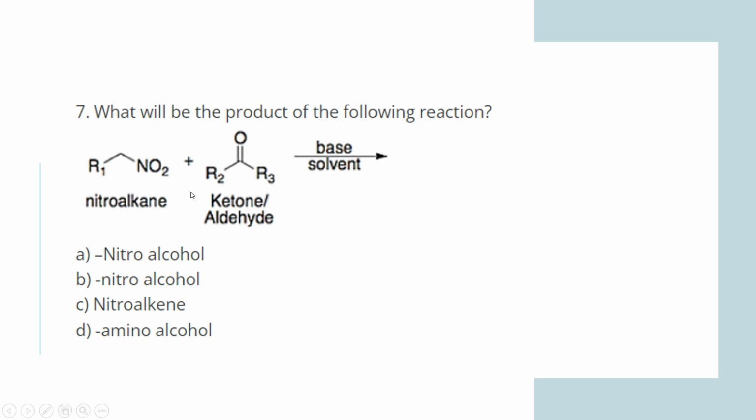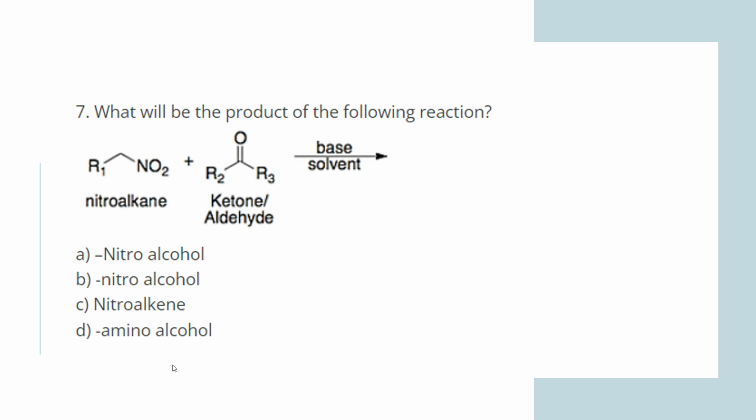And you are given four options here. As a result of this reaction, we will get a nitro alcohol, or a nitro alkene, or an amino alcohol. Out of these three types of products, which product will you get?